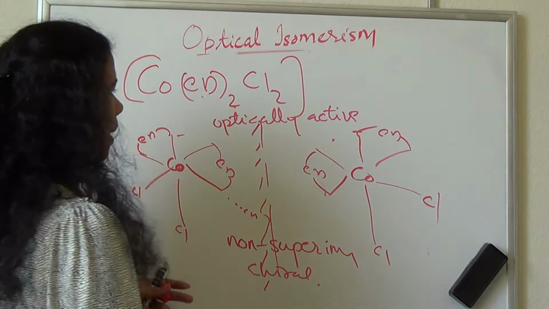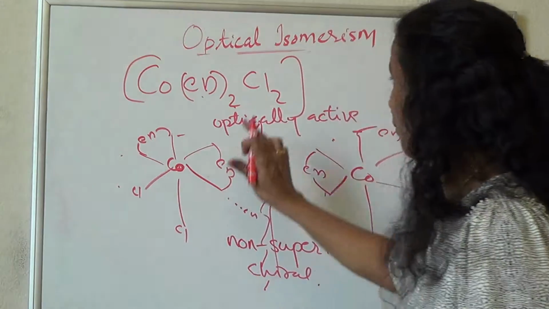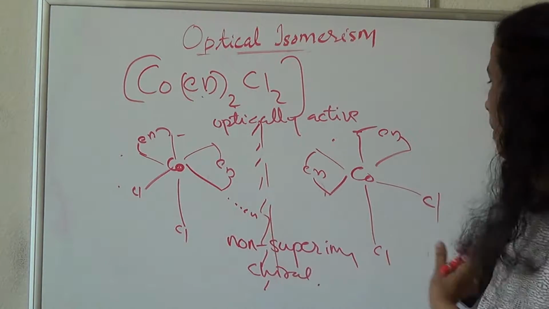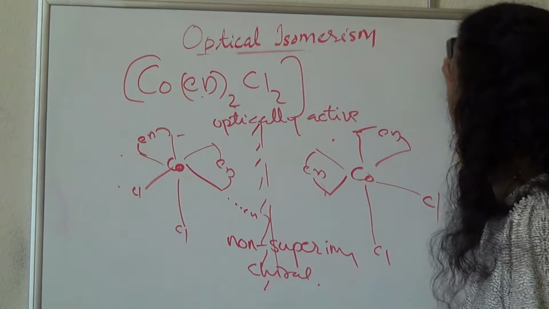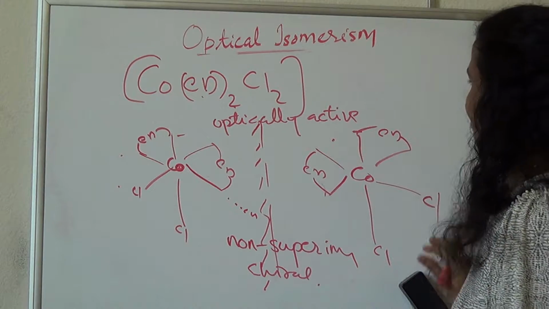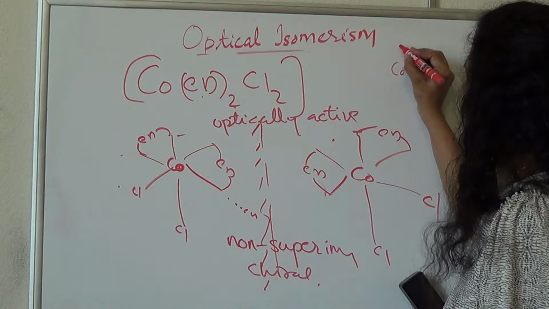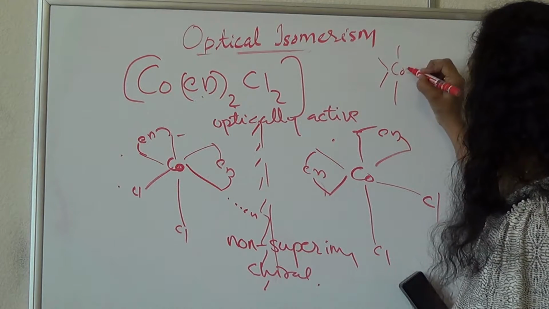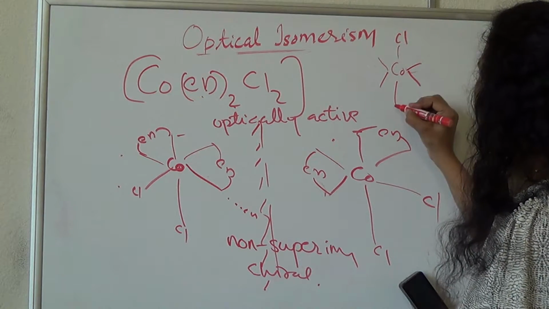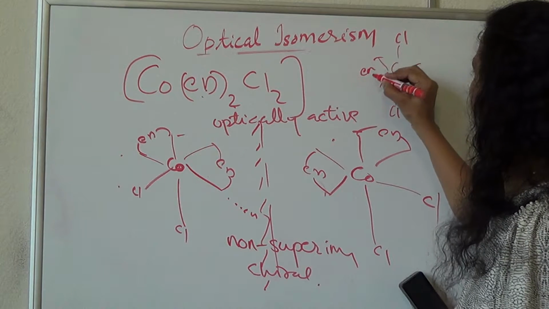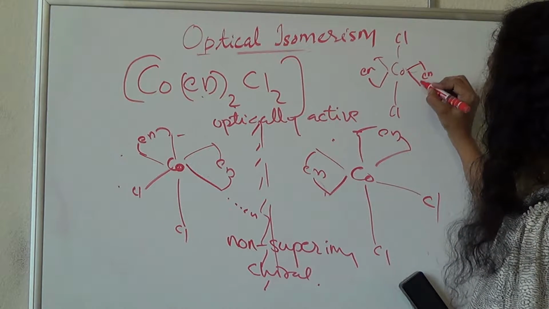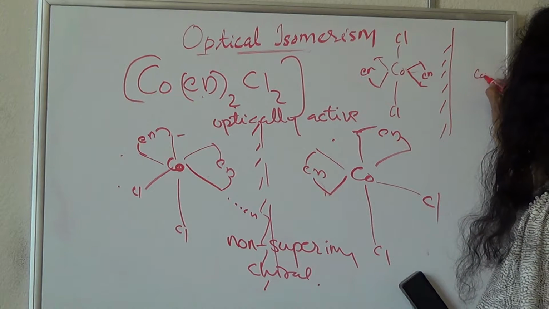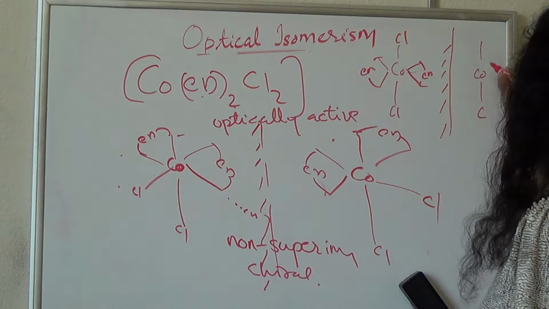Then another example. So we can draw another isomer of this same complex, which is superimposable and not optically active. Co, Cl, Cl, en, en. Mirror image, the same will come.